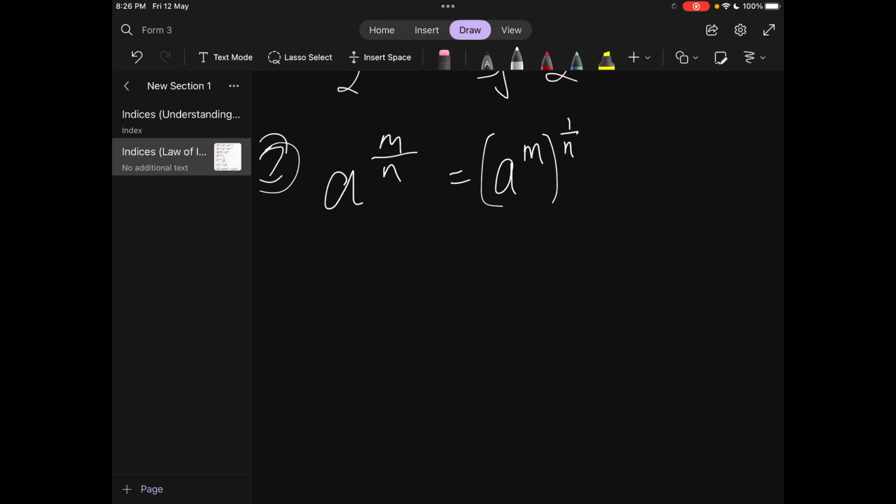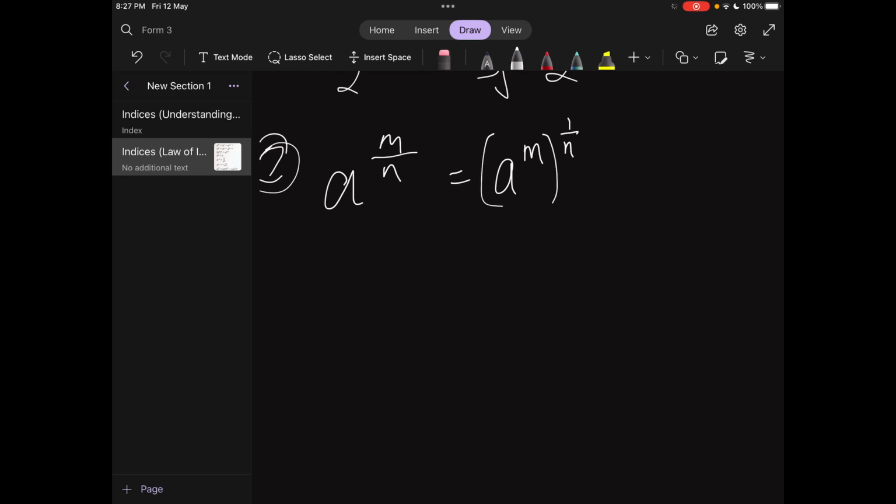If you see closely, this ties into what we learned in the power rule, where a to the power of m, the whole thing to the power of n, when it's combined, becomes a to the power of mn. The same concept applies here. So m over n, if we separate it into 2, we get m times 1 over n.